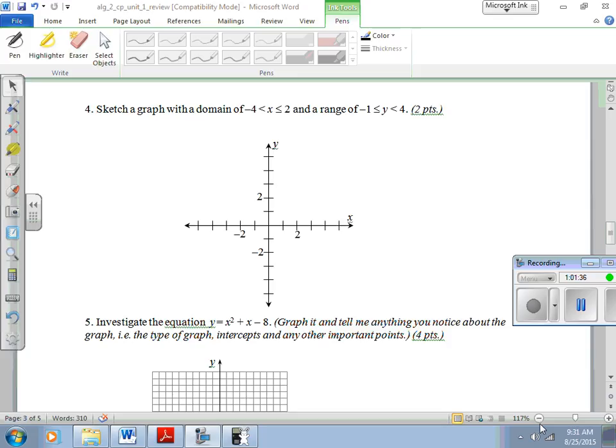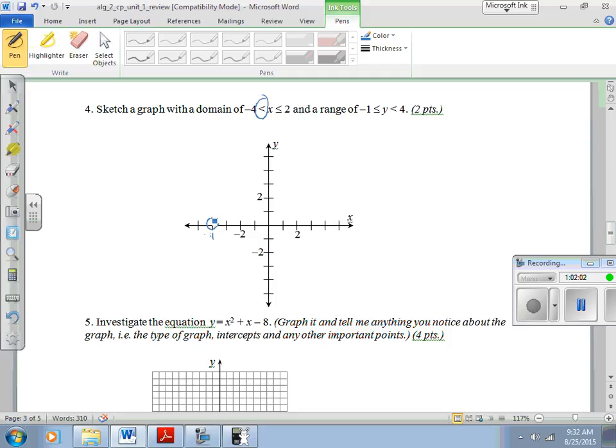Place a dot there. -4, 0, right? Just on the x, on the domain. Now, should your dot be open or closed? Open. So here's -2, here's -3, here's -4. Put an open dot right there.